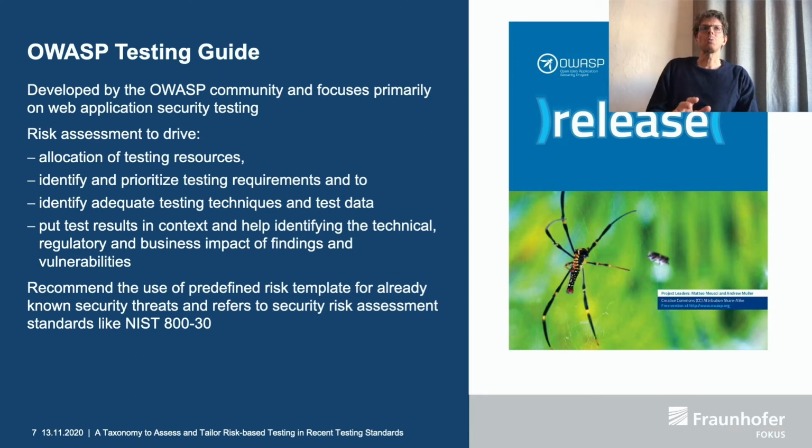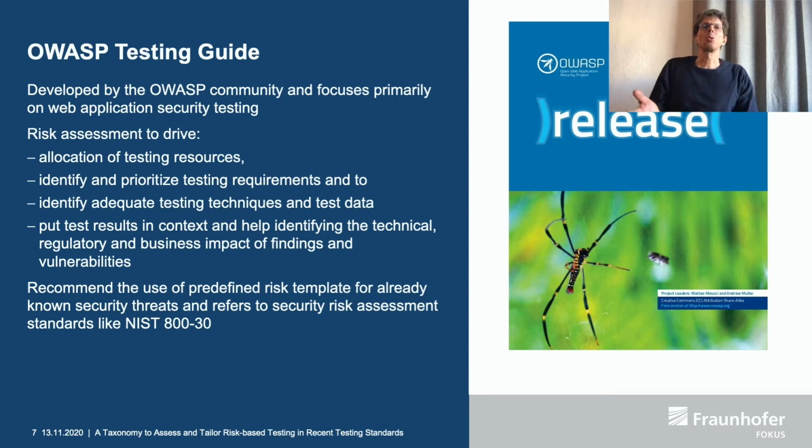In this document, risk assessment is also used to drive certain testing activities, like the allocation of testing resources. For example, you may put more resources in areas where you expect more severe vulnerabilities, and the identification and prioritization of testing requirements.